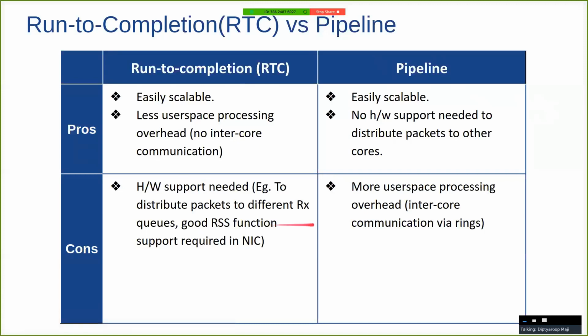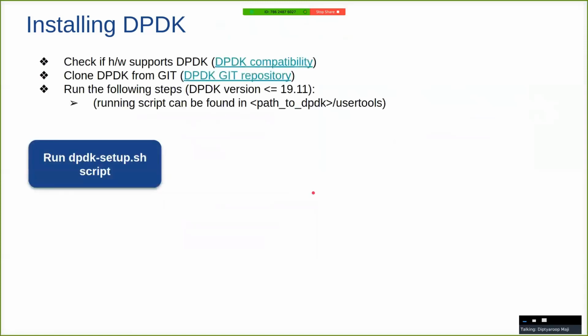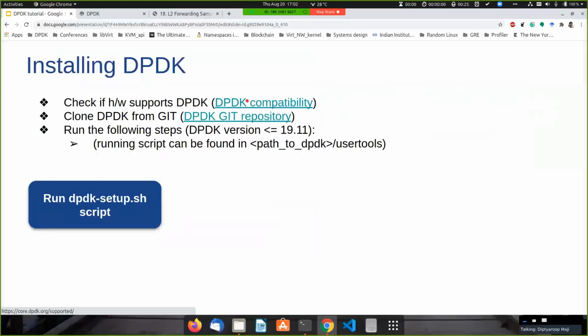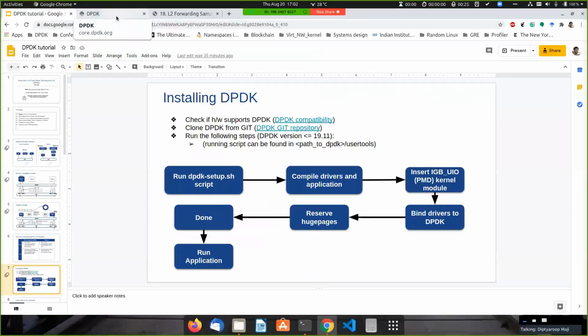Now that we have seen the two different designs, let us see how to install and compile DPDK on our machines. But first, we have to check whether our hardware supports DPDK or not. The link is given in the slides. You can check that out. I have just opened the link.